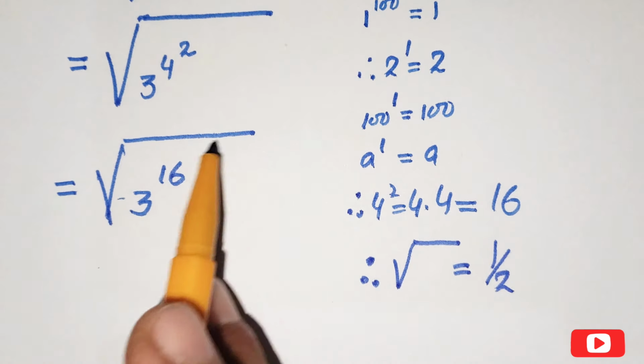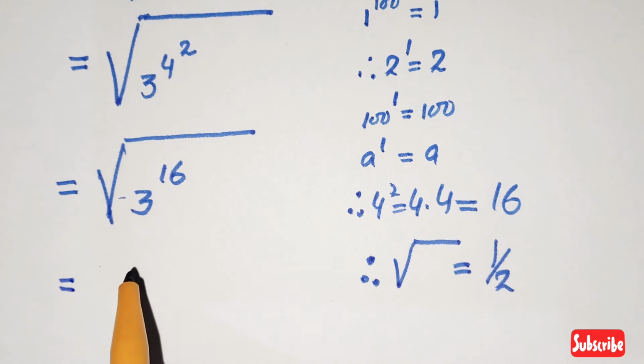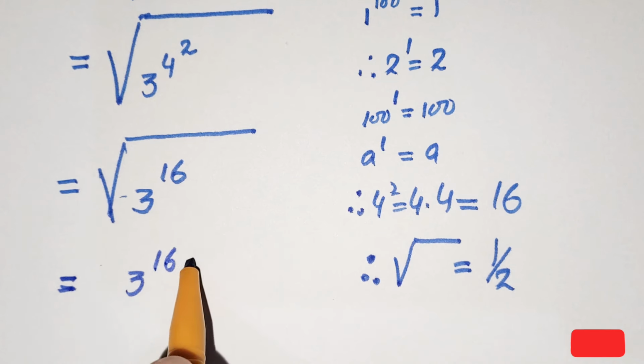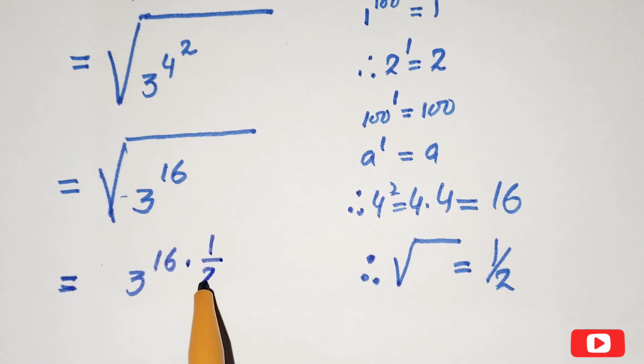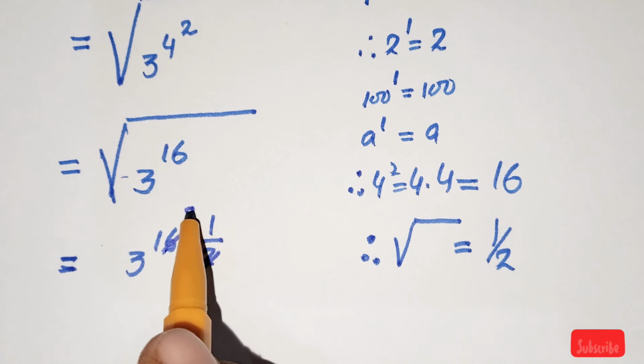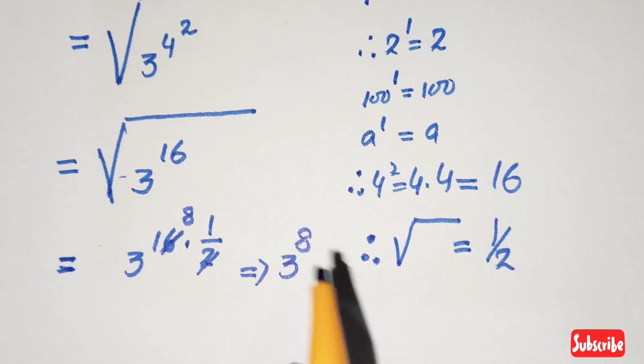Putting this value here, multiplying with the power, we get 3 raised to the power 16 times 1 over 2. So 2 1s are 2, 2 8s are 16, and then we get 3 raised to the power 8.